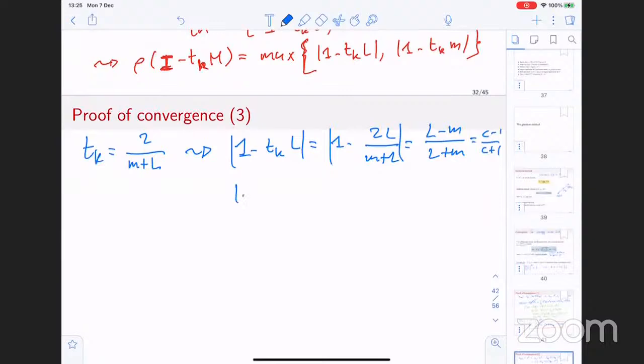And as well 1 minus t_k L, if you do the computation, you will get the same. This is also equal to c minus 1 divided by c plus 1.